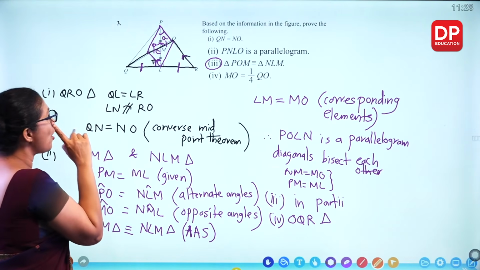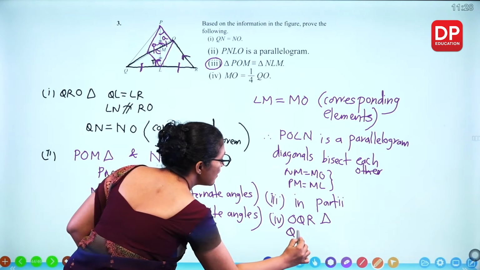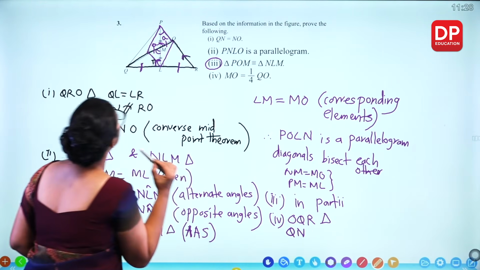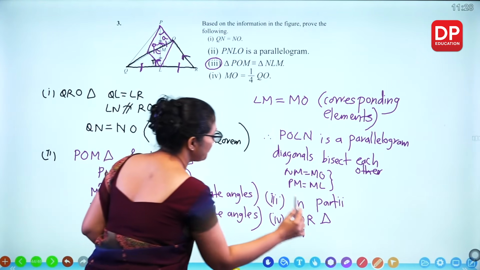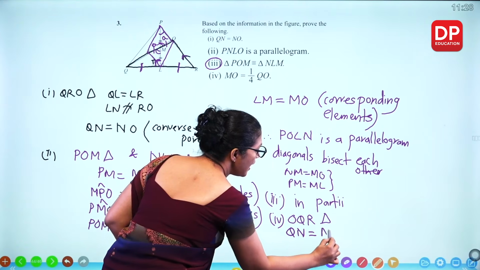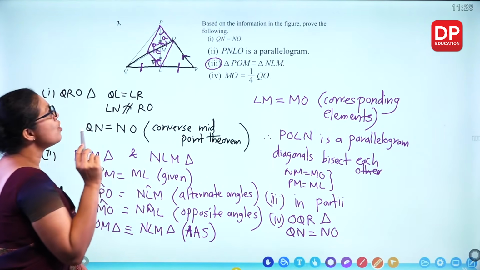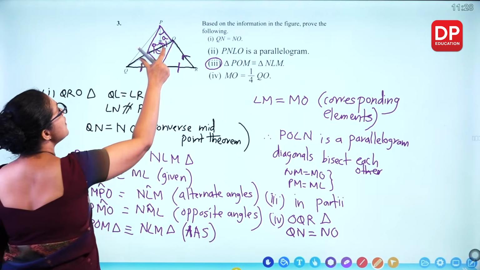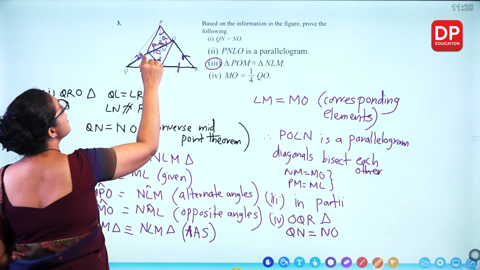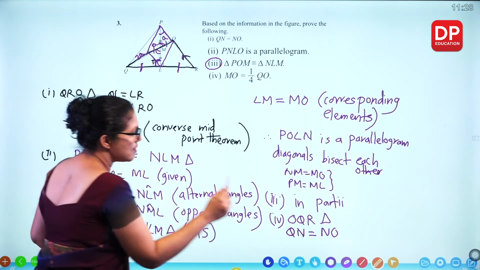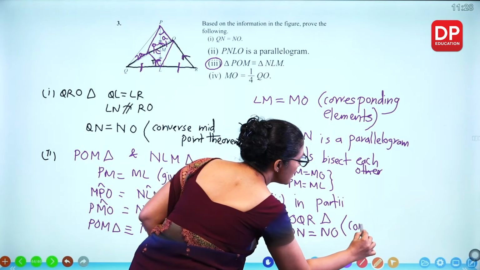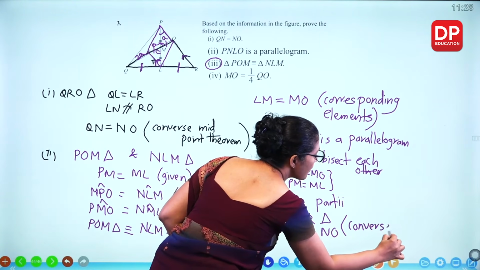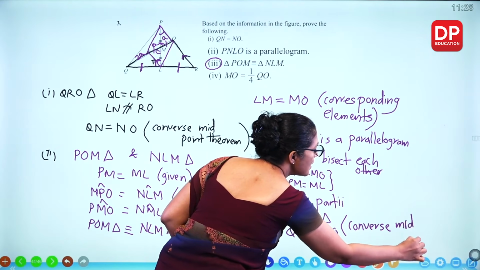What can you say about QN and NO? Both are equal according to Converse midpoint theorem. So if this is 2A, this becomes 2A. So this is because of Converse midpoint theorem.